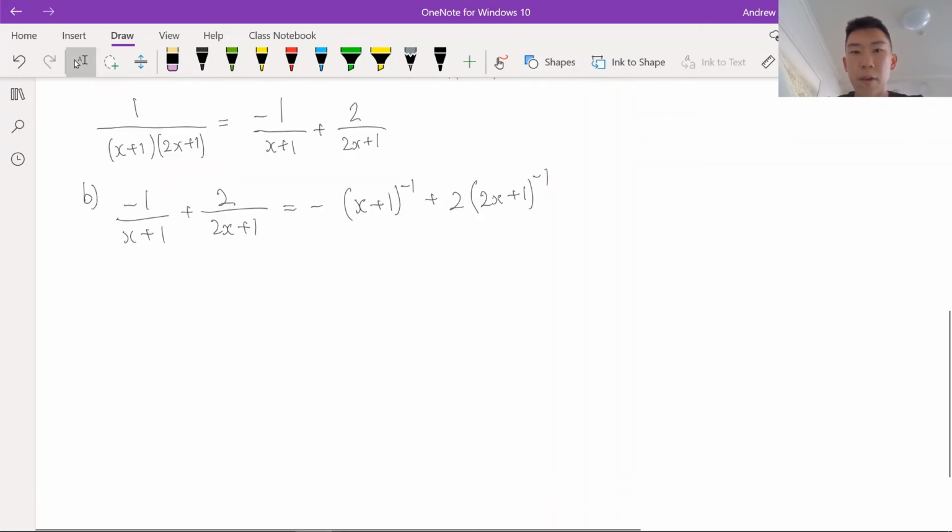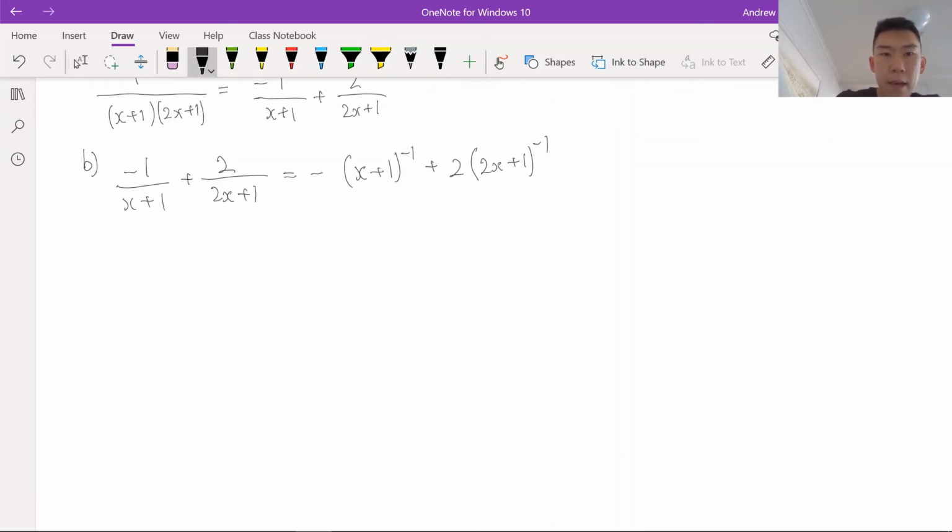Okay, now we have a rational power, and now we can apply the formula for the infinite series to expand each bracket. I don't think this is in the formula booklet, so make sure you remember this one.